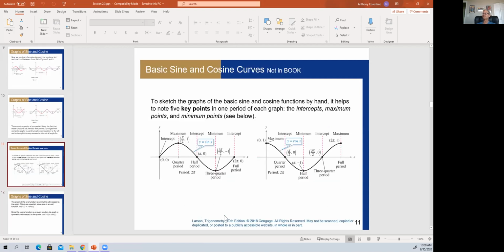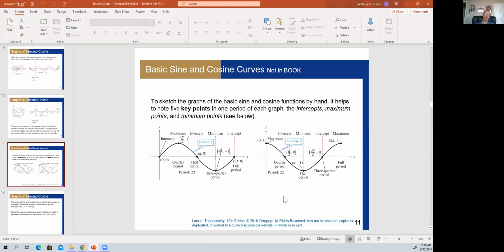And so here are the 5 key points that we talked about. Where it starts, that would be right here in the sine wave and right up here on the cosine wave. And then the quarter point in the sine wave would be the highest point. And here the quarter point is where it first crosses. And you can see the halfway point on the sine is where it crosses.